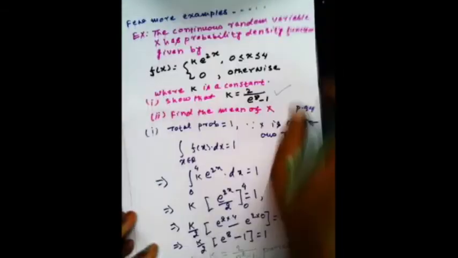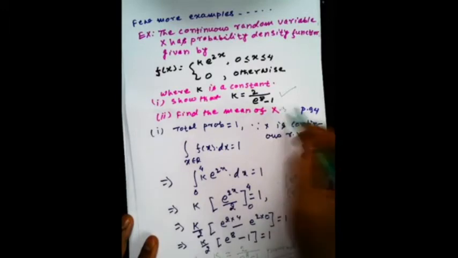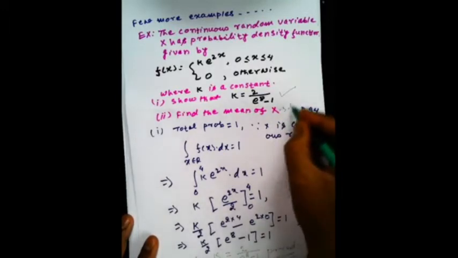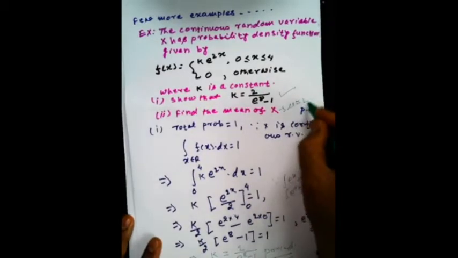And next it says find the mean of x. That means you have to find the mean of that distribution, which is given by mu equals E(X).